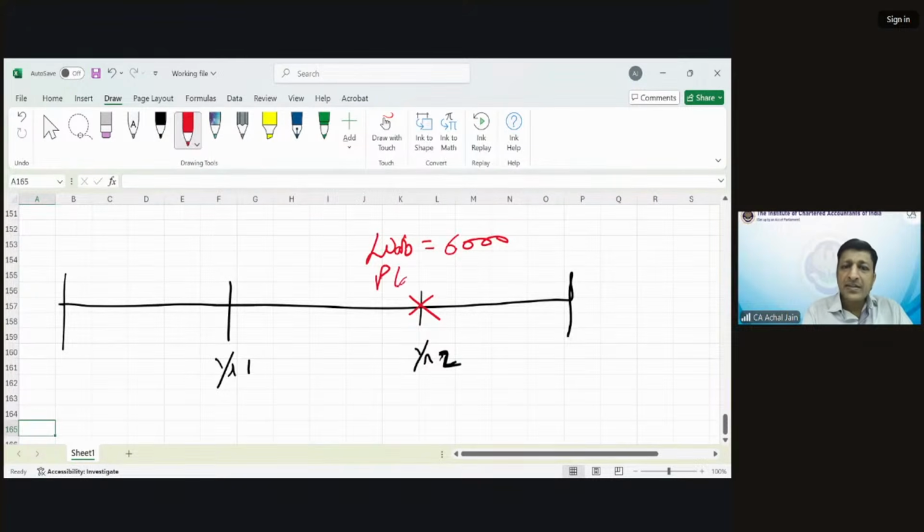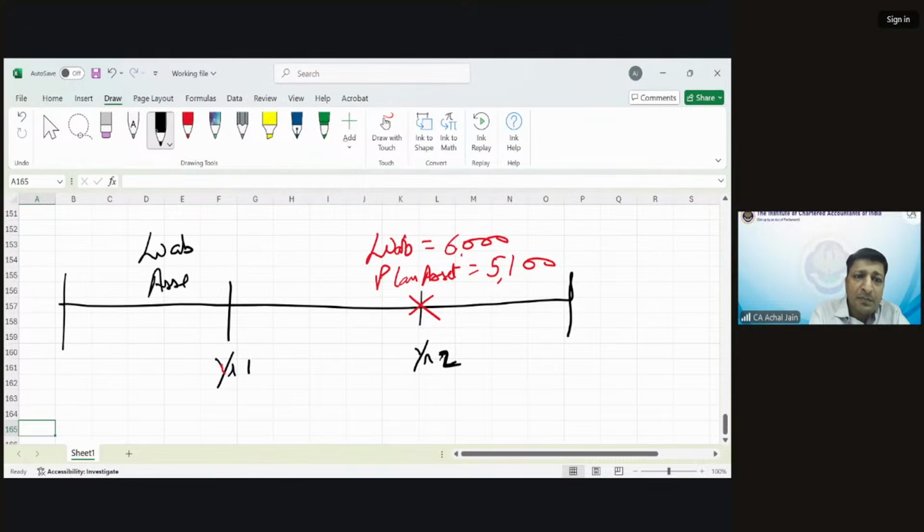You have a plan asset equivalent to 5,100. Now, at the end of year 1, we don't know the amount, but this liability and asset would have been present at the end of year 1 as well.